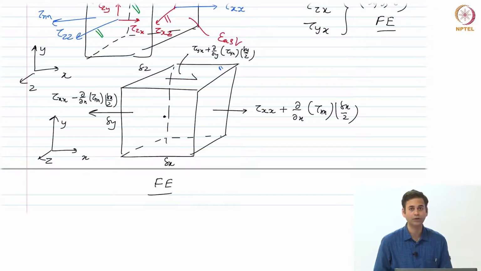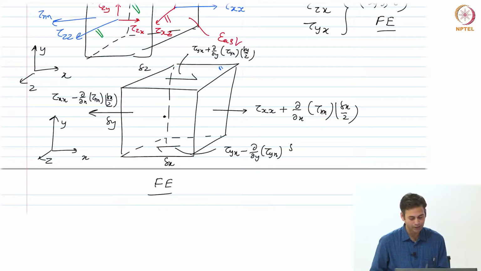That is what we have here. Then I would draw a positive shear stress on the negative y plane in the opposite direction, because this is a negative y. It is positive if it is acting in the negative x direction. So this is tau yx minus partial tau yx by partial y times delta y by 2.